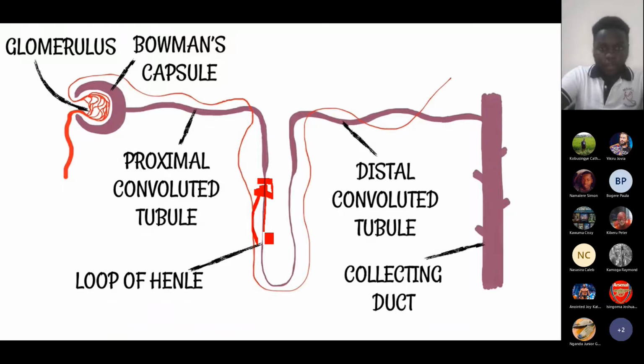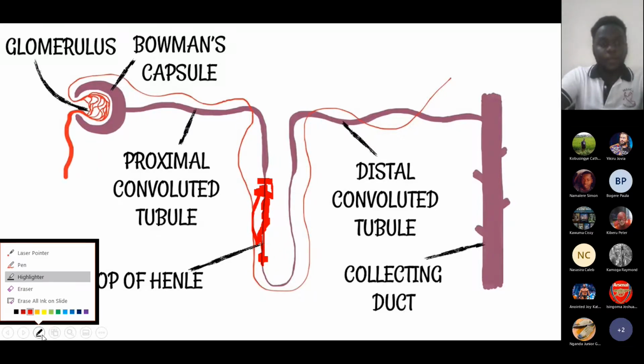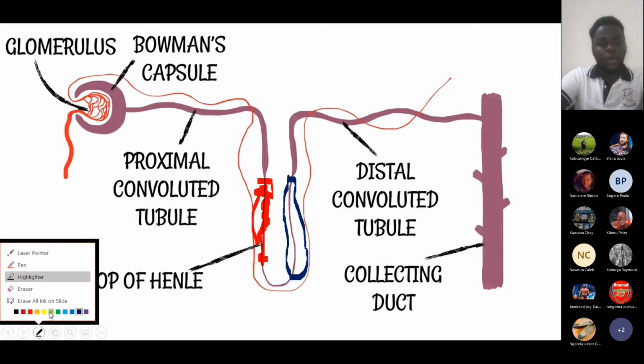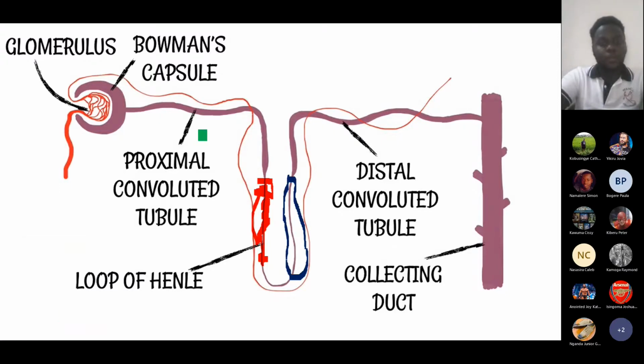This here is the descending limb. I'm shading it red. And then we have our ascending limb. Let me shade it blue. This is the ascending limb. Okay, now from here, let me get another color. Green.